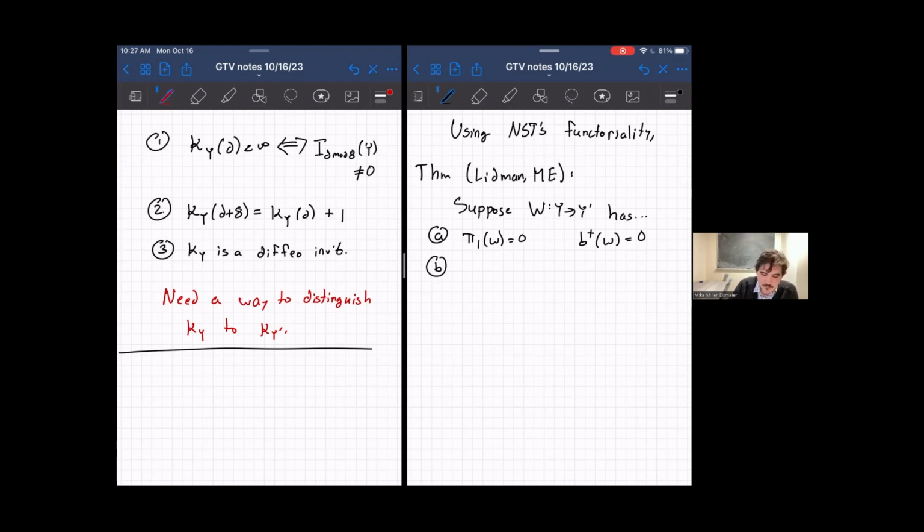Second off, so that these kappa invariants are not trivial, we should demand that the instanton homology of Y is non-zero. And third off, this is the hardest thing to satisfy by a long shot. This cobordism map should induce an isomorphism on I star.